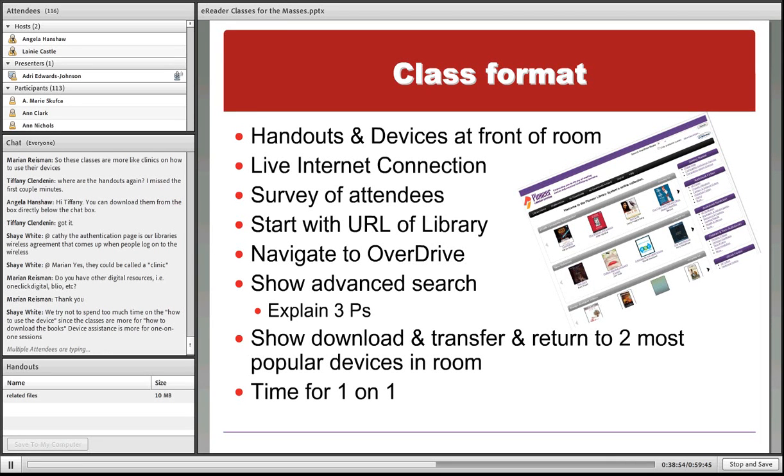So everything starts out with the advanced search, and then we show browsing features afterwards. That page also has the always available search right there by format, which makes it a lot easier to do stuff during a live training session as well. We then show how to download and transfer and return books to the 2 most popular devices in the room, which I've not had it be anything other than Kindle, since Kindle started working with Overdrive titles, or a Nook.